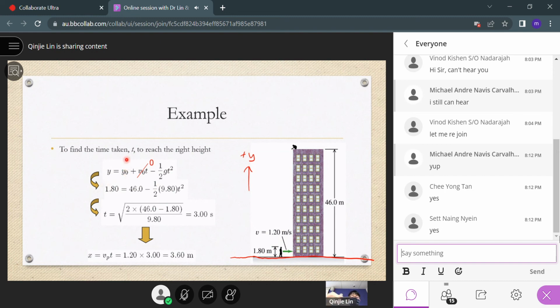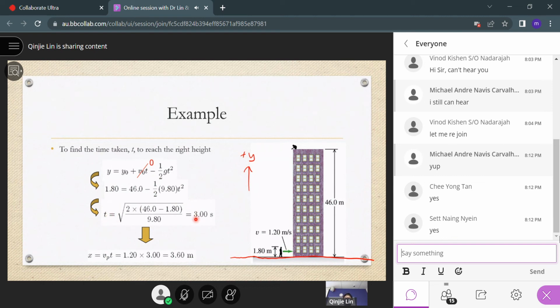Then starting, where are you? You are 46 meters, correct? So you put in your initial position. Then this one is 0. After that, you continue minus half g, you put 9.8, and then t squared. So down here, you realize t is the only unknown which you can solve.